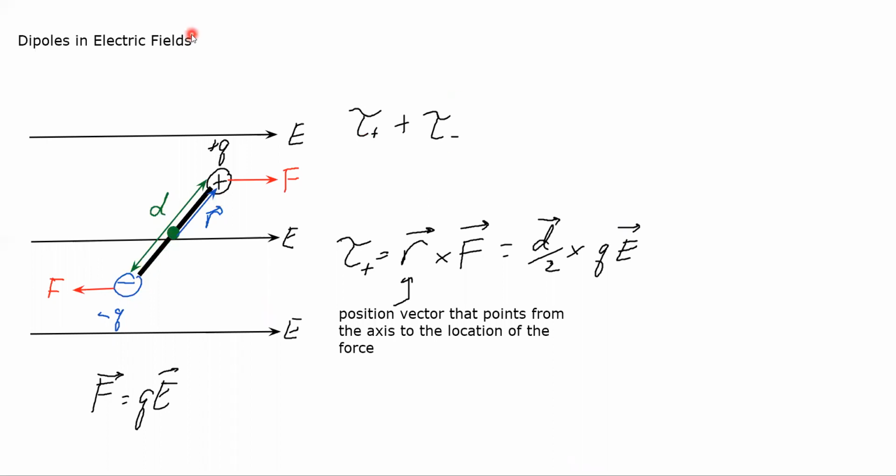These two are the same torques. So I could rewrite this as just 2 times the torque from the positive charge. They both apply the same torque. So all I'm going to do here is plug this in for my torque. So I'm going to go 2 times d over 2 cross product QE.